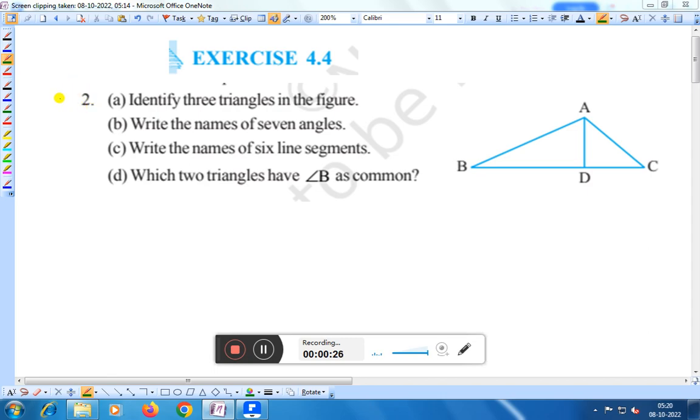Let us identify the triangles. This is A. Now identify the three triangles. Here you see this is one triangle. If you draw in this way, here you see a triangle. There are three triangles, ABD triangle.